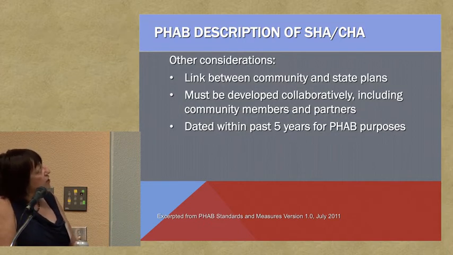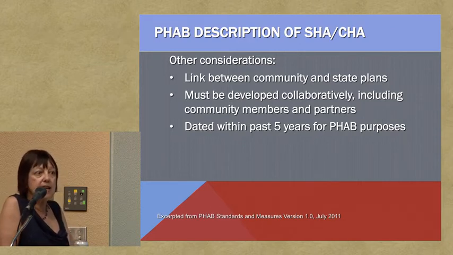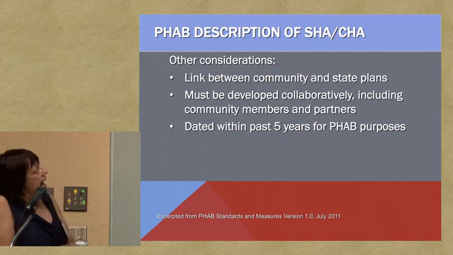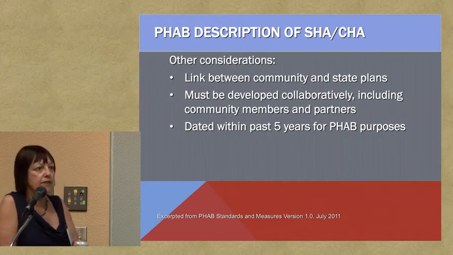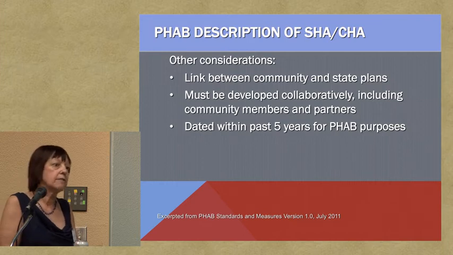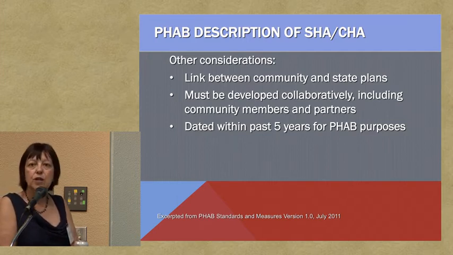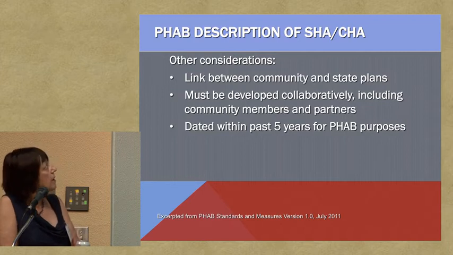They also want to see that there is a link between your local community plan and the state health plan, because after all, the state is made up of communities, and that the CHA is collaboratively put together, that it's not just the local health department doing it, that you've engaged many players in the public health system. And for accreditation purposes, it has to be within the past 5 years.